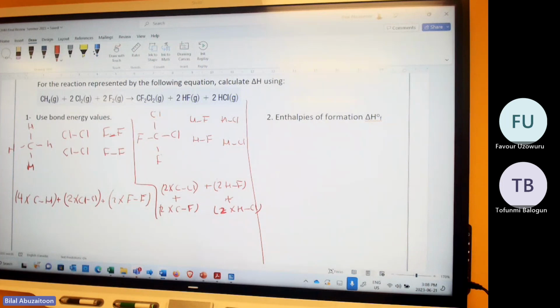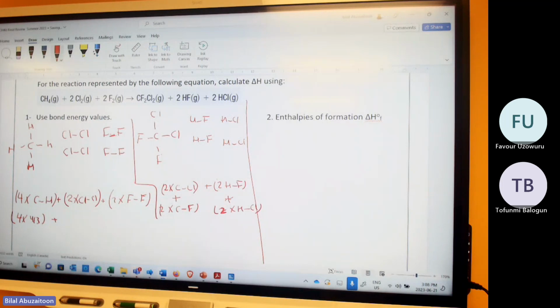Now, C-H is 413. So 4 times 413, plus the other bonds. They are not in the question, so you have to take them from the table.